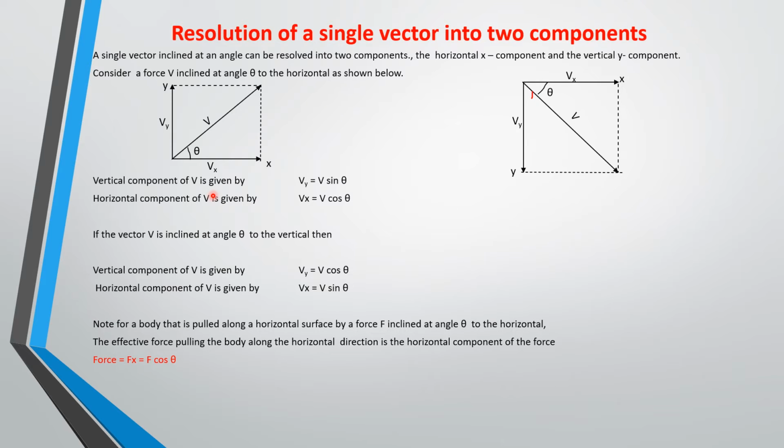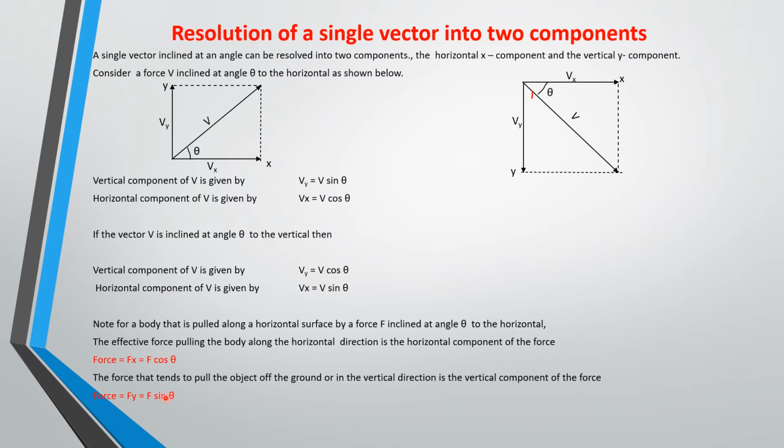I also want you to take note of this, that if you have a body that is pulled along a horizontal surface by a force F that is inclined at an angle theta to the horizontal, the force that is pulling that body along the horizontal direction is given to you by F cos theta, while the force that tends to pull the body off the ground along the vertical direction is F sine theta.